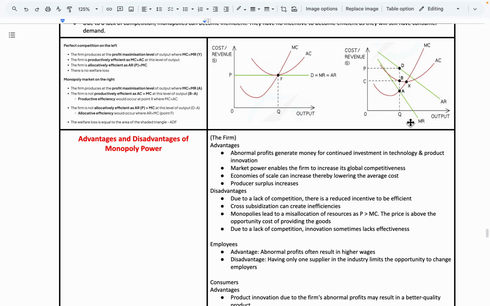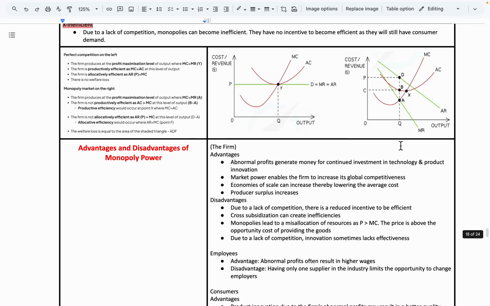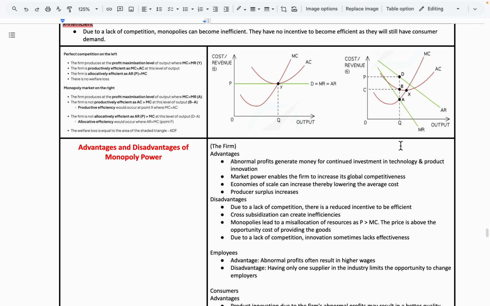Oh my goodness, sorry for that. AC is greater than MC. So that's not productively efficient, because it's productively efficient when it's MC equals AC. Okay, and you can see it's not allocatively efficient as well, because AR is greater than MC, because allocative efficiency would be AR equals MC.